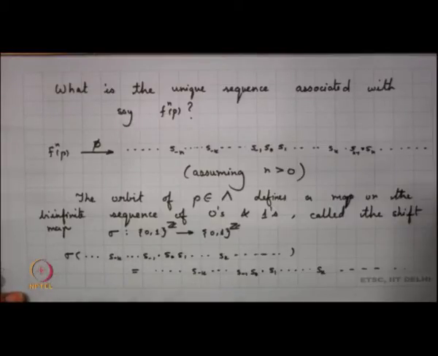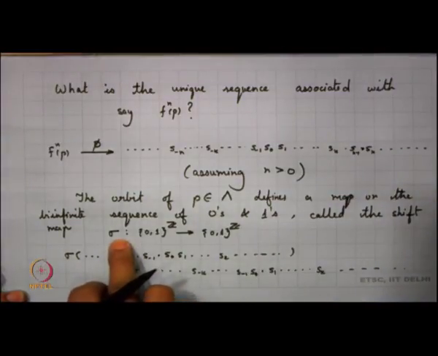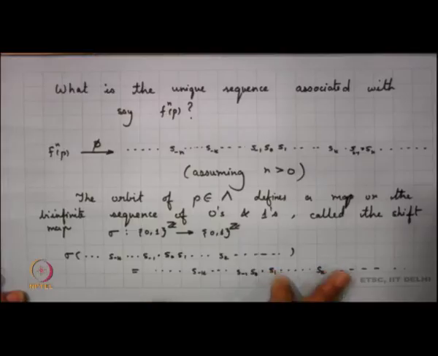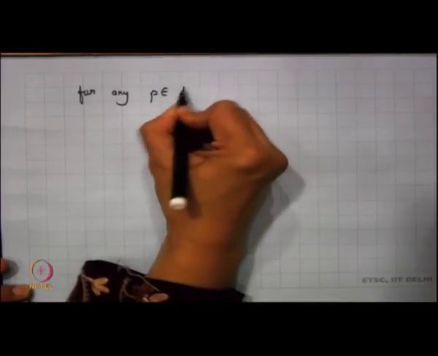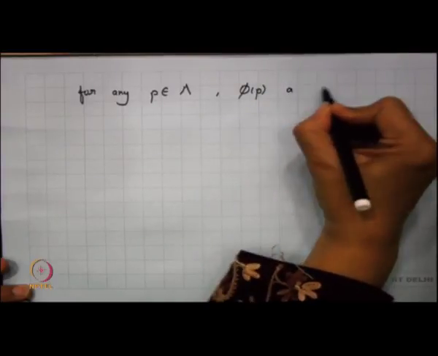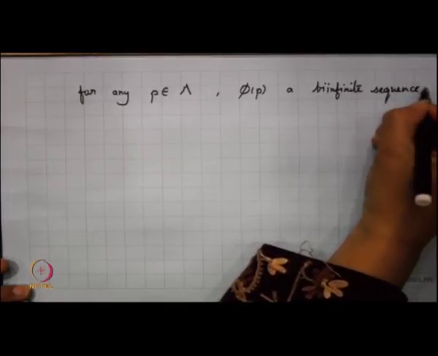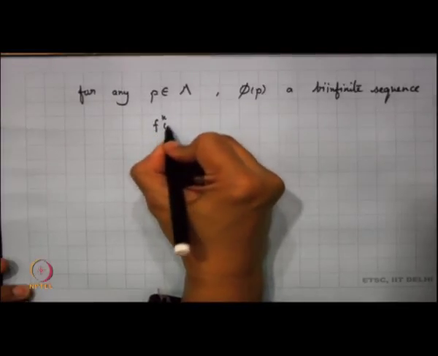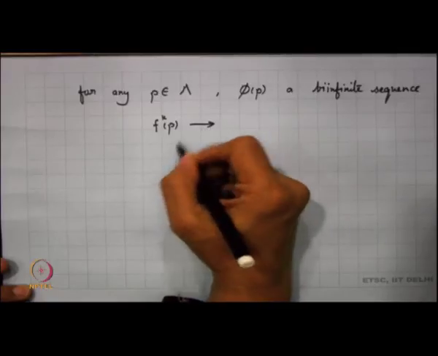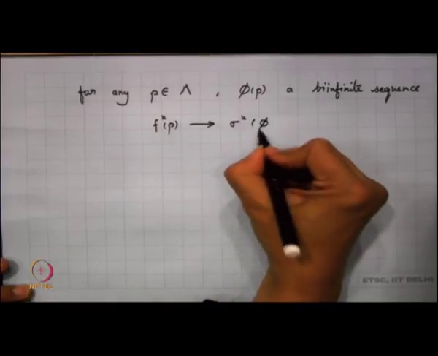So, this is a unique kind of association of the dynamics of f on the horseshoe attractor with the dynamics of the shift on the set of all bi-infinite sequences, and we find that for any p in the horseshoe attractor, I have phi p, a bi-infinite sequence, and then what is my fk of p, this fk of p is nothing but sigma to the power k, I am applying shift k times to phi p.